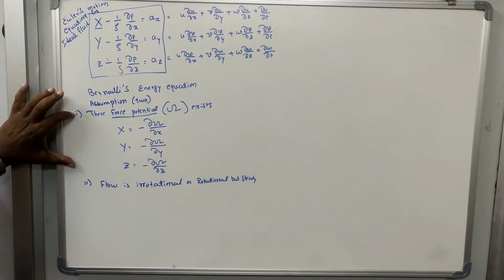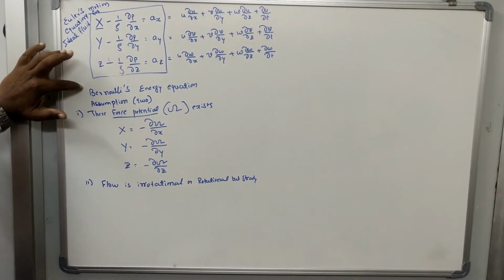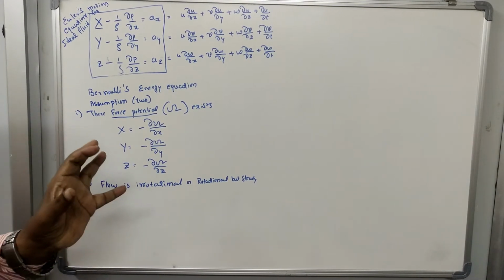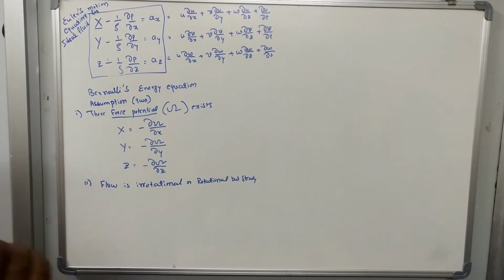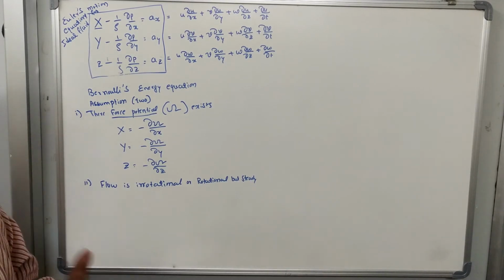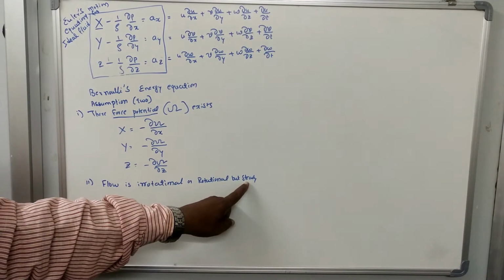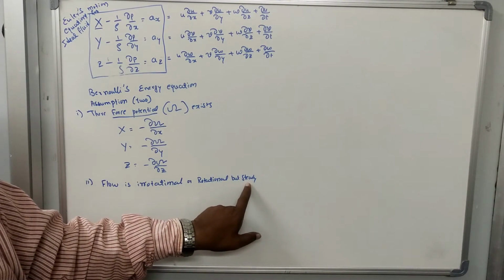Assuming these two, you integrate the Euler's motion equation to get the Bernoulli's energy equation. The flow may be rotational, but it must be steady. Steady means no time derivative terms exist in the governing equation.